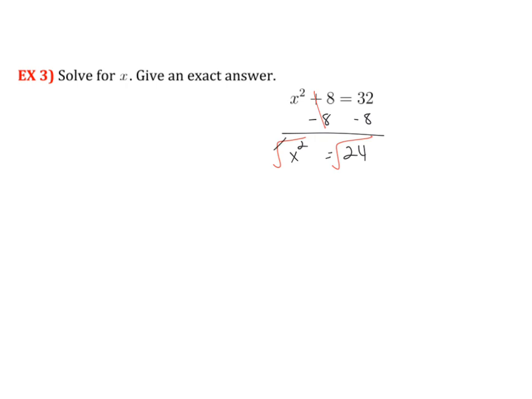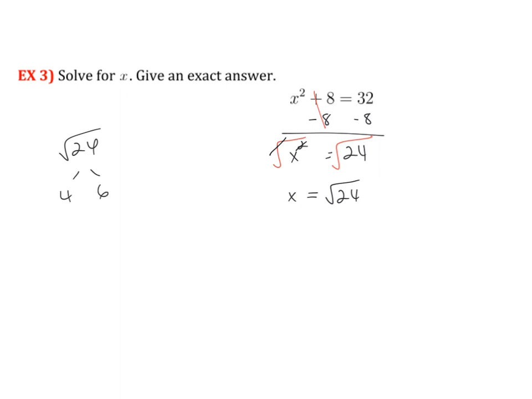And this is what helps me to cancel out the power of 2, and it gives me just x is equal to the square root of 24. But again, we needed to simplify this, and the square root of 24, I think we did this earlier, but regardless, let's do it one more time for practice.